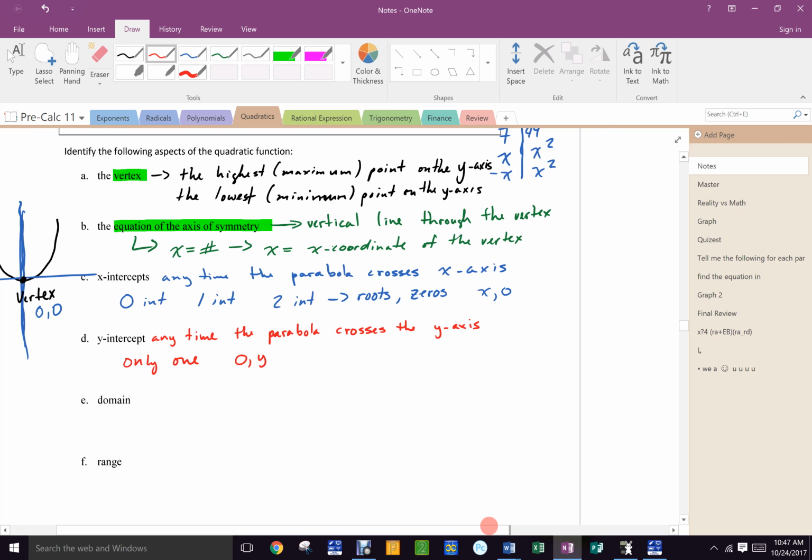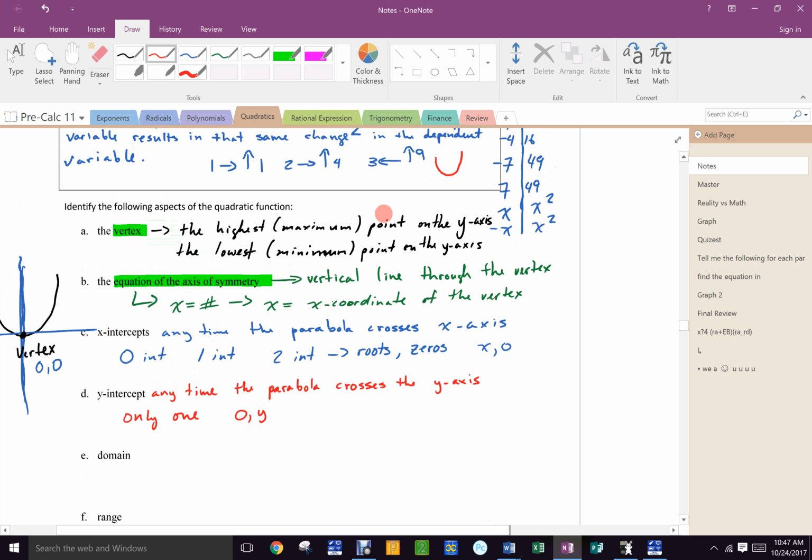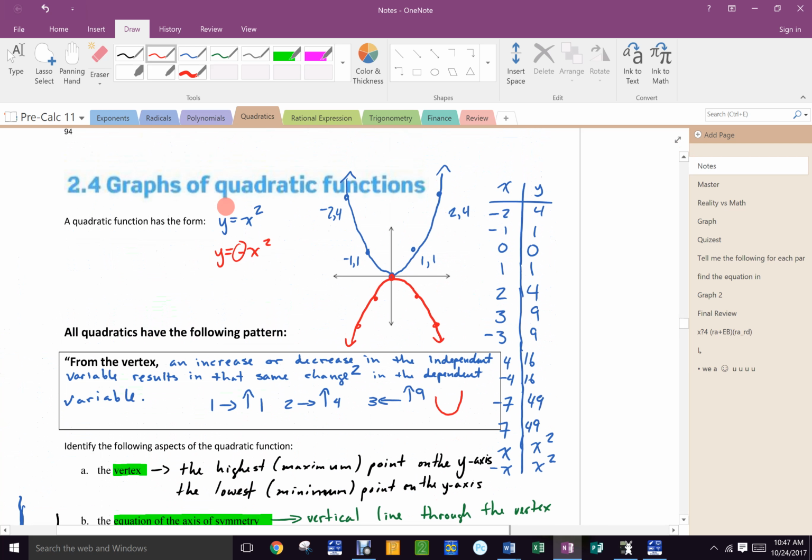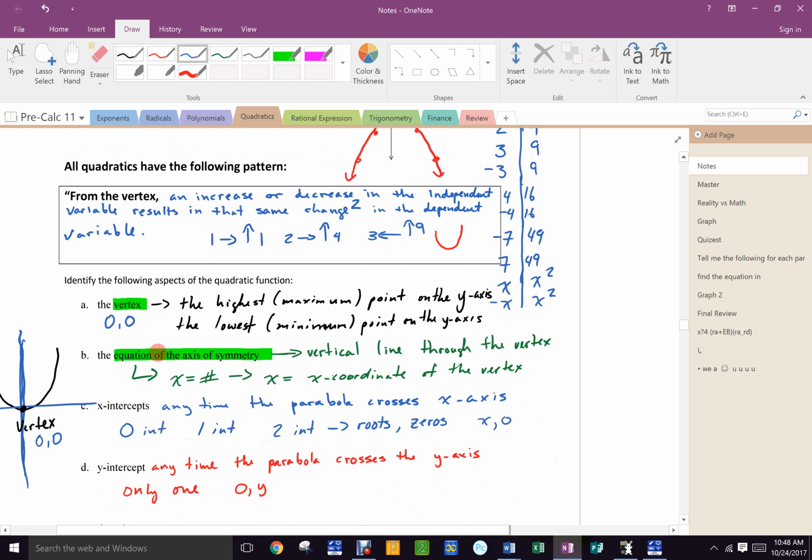All right. Now, knowing what you know about regular parabolas, what is the vertex of the basic parabola? This guy, y equals x squared. What's the vertex of this guy? 0, 0. Excellent. What's the equation of the axis of symmetry?